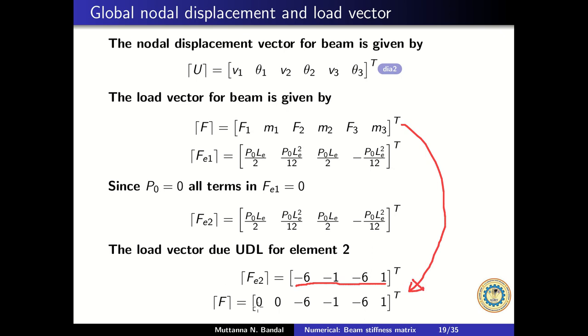F1 and M1 are 0, F2 and M2 I have calculated from this, and F3 and M3 from this. So this becomes a load vector which has 6 parameters. Now I know the parameters of the displacement vector, load vector, and also the stiffness matrix.